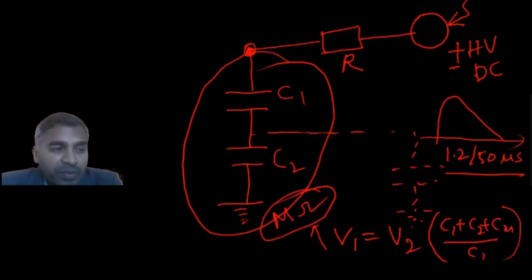But in case of an impulse waveform, it is a wave phenomenon. The voltage travels along the cable and reaches the measuring device, maybe an oscilloscope, and at that end it gets reflected and comes back. Depending on the resistance at the other end, the reflected magnitude will change. That we will study when impulse voltages are to be measured.